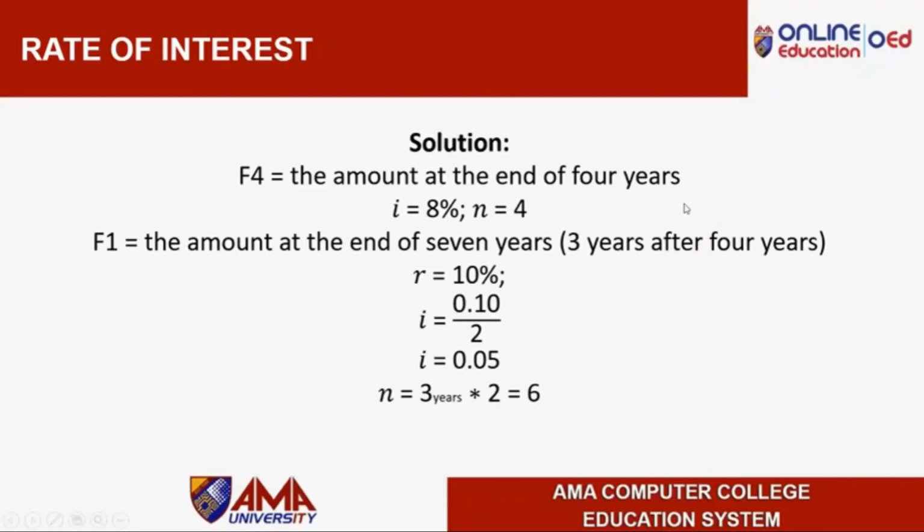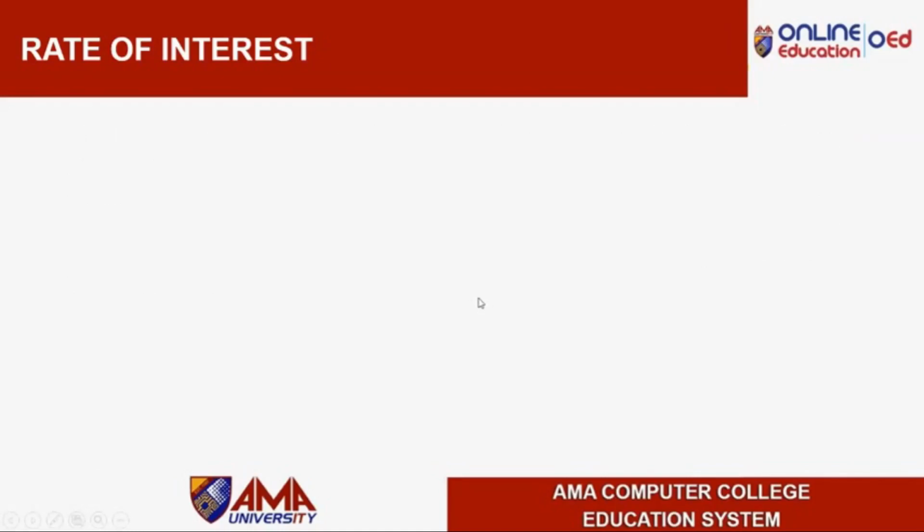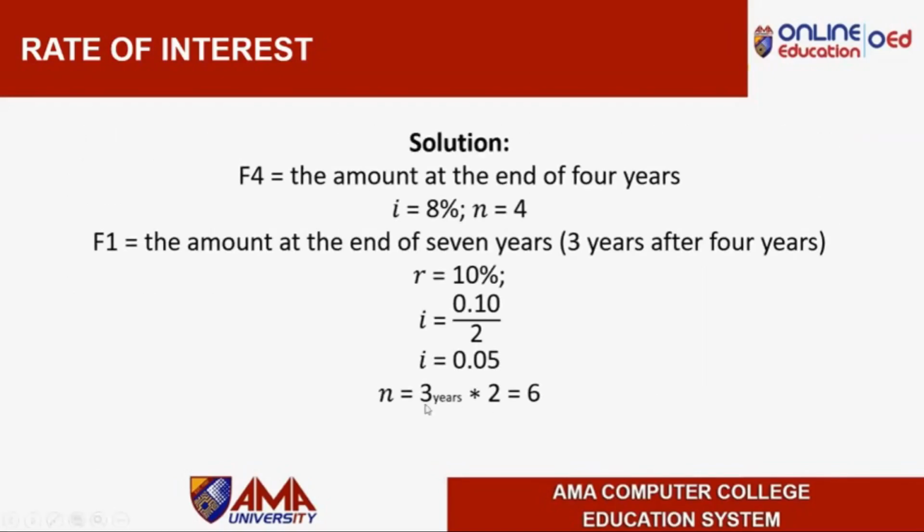Based on the condition, the interest now is 10%, so our interest is equal to 0.10 divided by 2. Why? Because it is now compounded semi-annually, which is equal to 2. So your interest now is 0.05 and your N is 3 years multiplied by 2 because it's semi-annually, so it's 6. Your N is equal to 6.